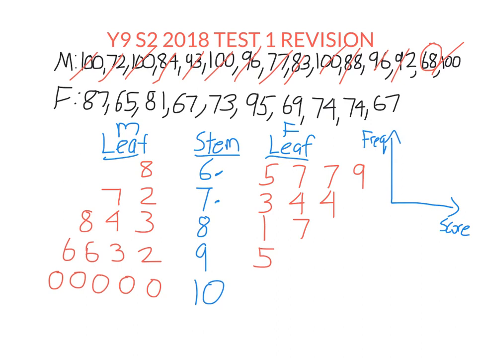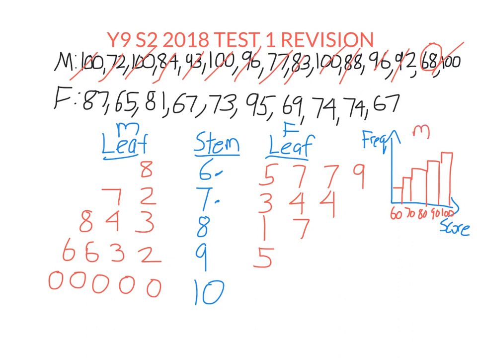Let's look at the males. If we had 60, 70, 80, 90, all the way up to 100, the male scores would look like this. There's only 1 in the 60s, 2 in the 70s, 3 in the 80s, 4 in the 90s, and 5 in the hundreds.